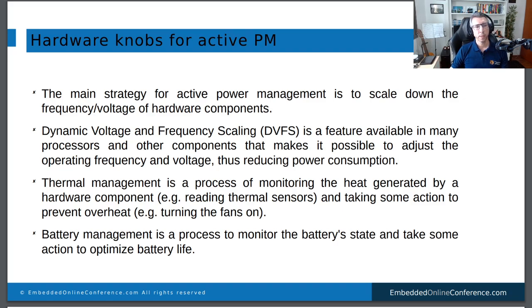If the CPU is not doing something very important and throughput is not very important, you can scale down the frequency to save power. Because when you scale down the frequency, you also scale down the voltage. And when you decrease the voltage, remember that equation, you decrease the power consumption.